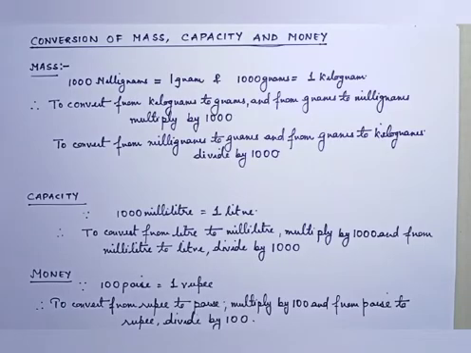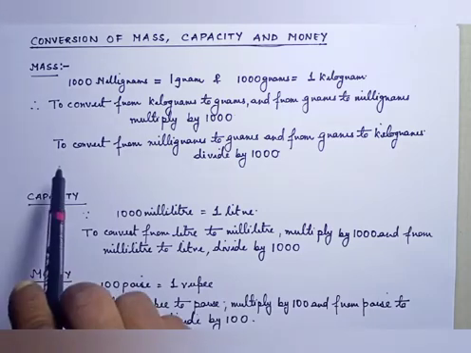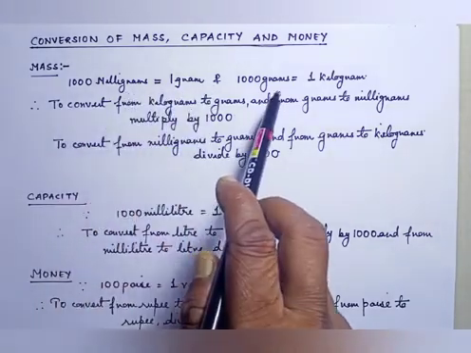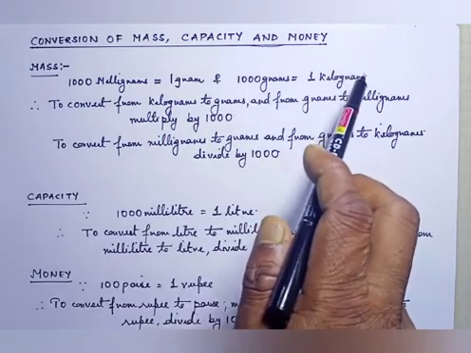Let us move to another topic, that is conversion of mass, capacity and money. So first of all, we are going to talk about mass. As we all know, kilogram, gram and milligram are the most common units for measuring mass or weight. So we know that 1000 milligram is equal to 1 gram and 1000 gram is equal to 1 kilogram.